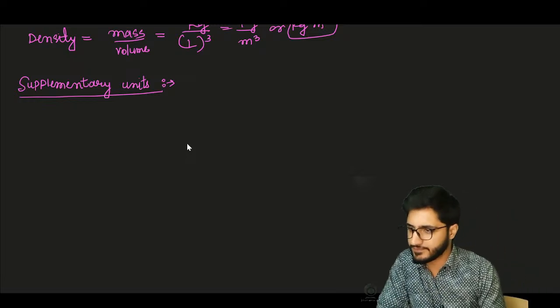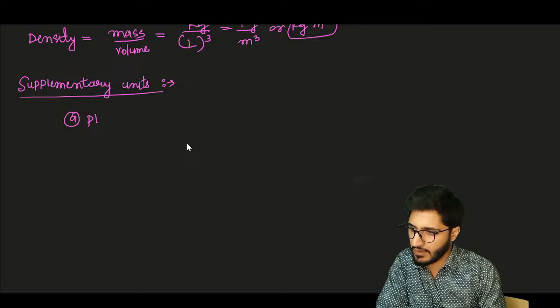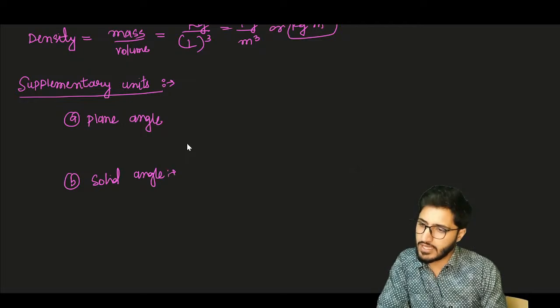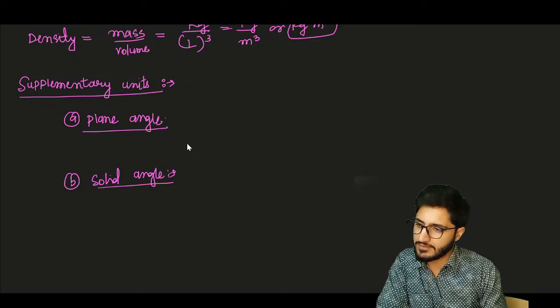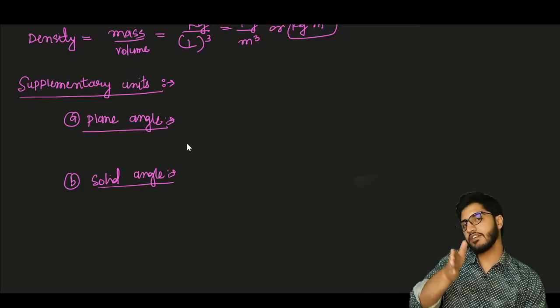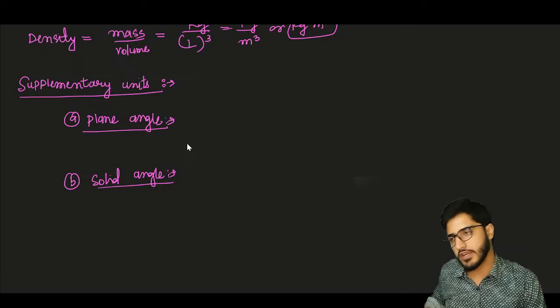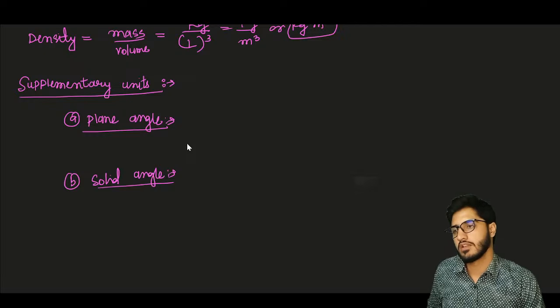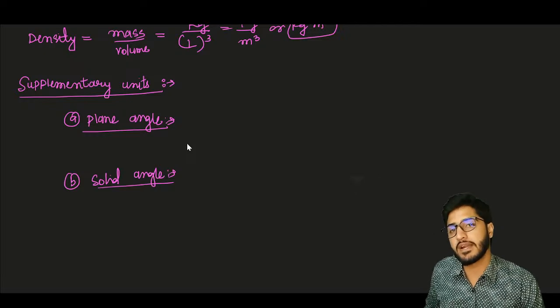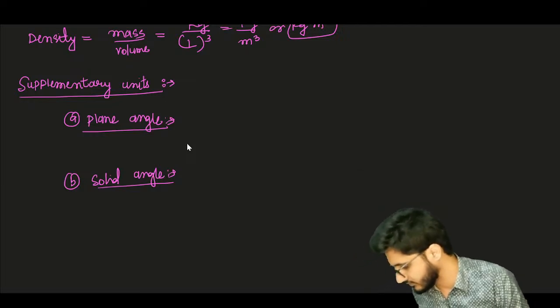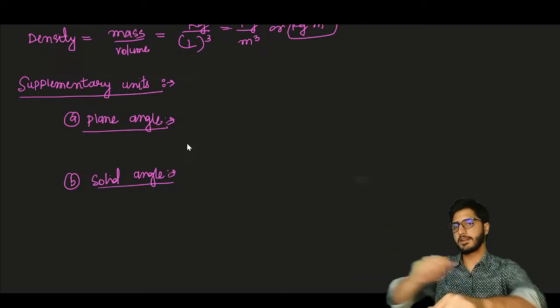One, plane angle, two, solid angle. Plane angle means 2D angle, solid means 3D angle. Why did we keep them in a supplementary category? Because these have units but not dimensions. Clear?